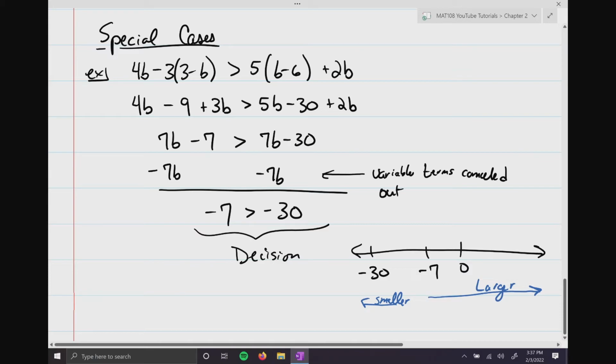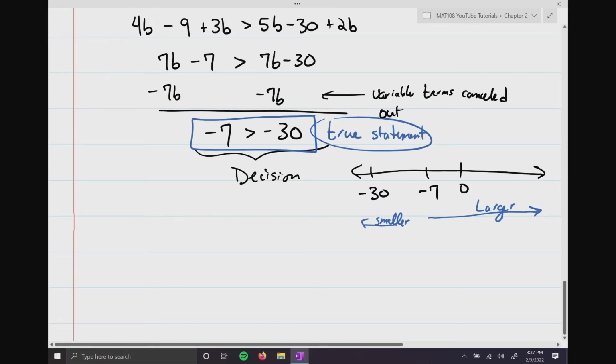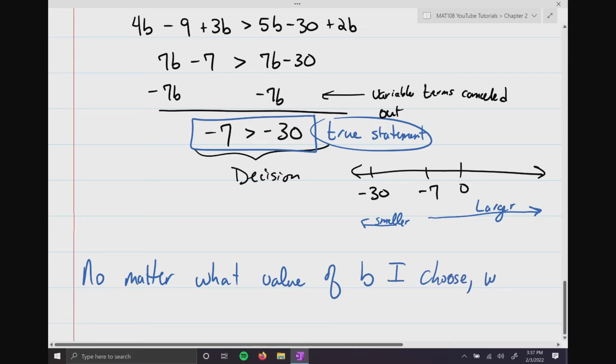So if I'm comparing -7 and -30, this is a true statement. And what this means is no matter what value of B I choose, we will always get a true statement.